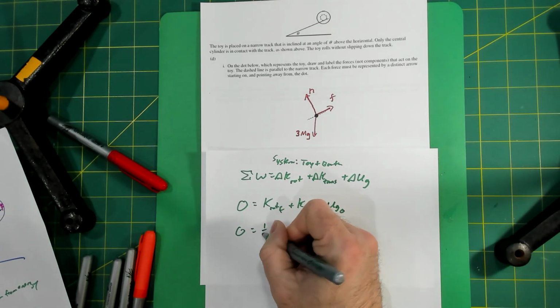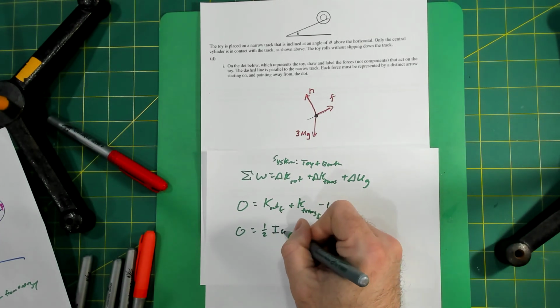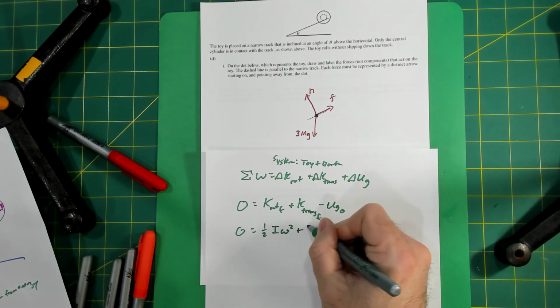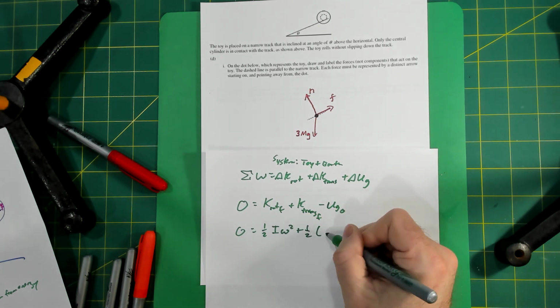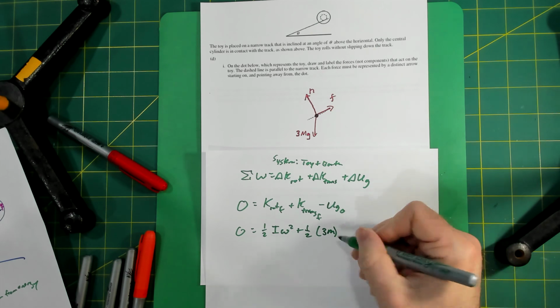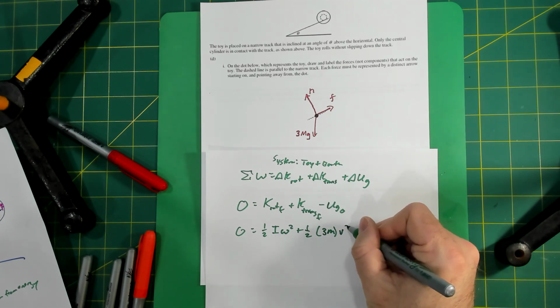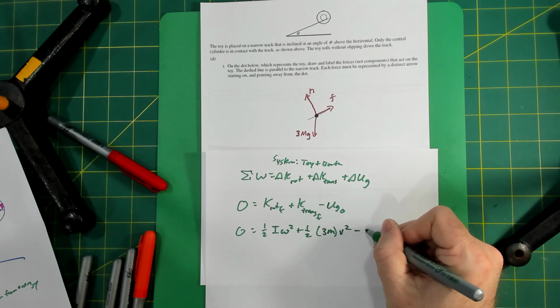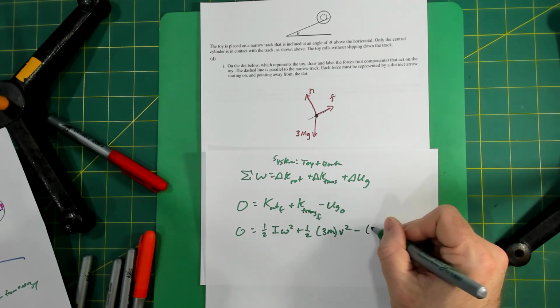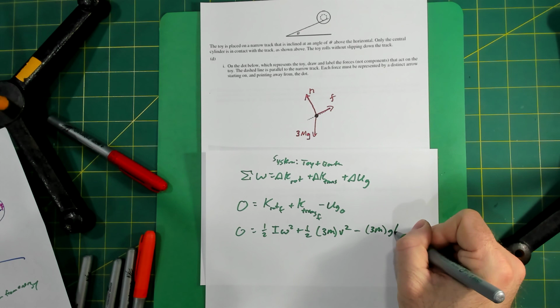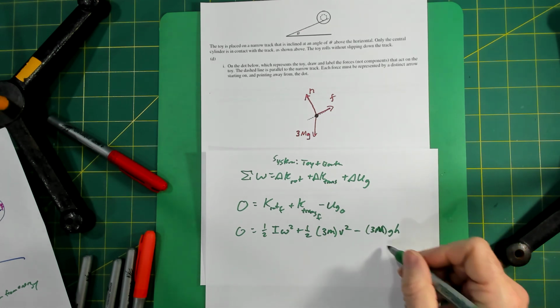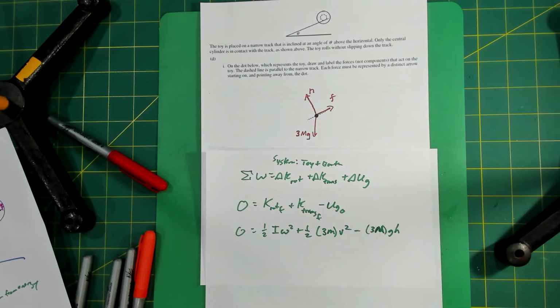That's going to be a 1/2 I omega squared plus a 1/2 m, but remember the mass is really 3m for this toy, v final squared, minus an mgh, but remember the mass is 3m gh. Okay, so that's what that looks like.